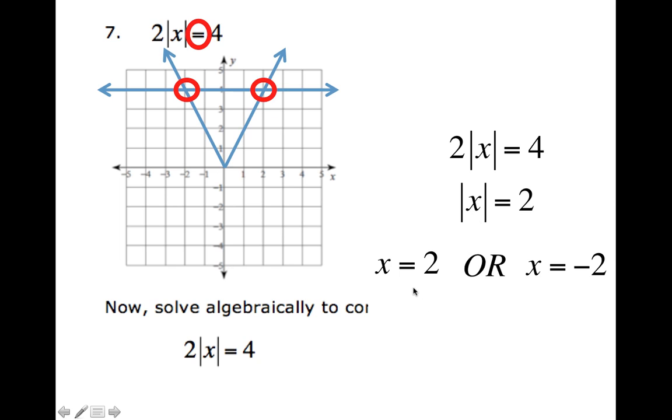In this case we have x equals 2, or another solution is x equals -2, because both 2 and -2 can go in here and produce a 2. So there's our two answers, and that matches our graph. We found right here -2 and 2. Those were our two answers in the graph.